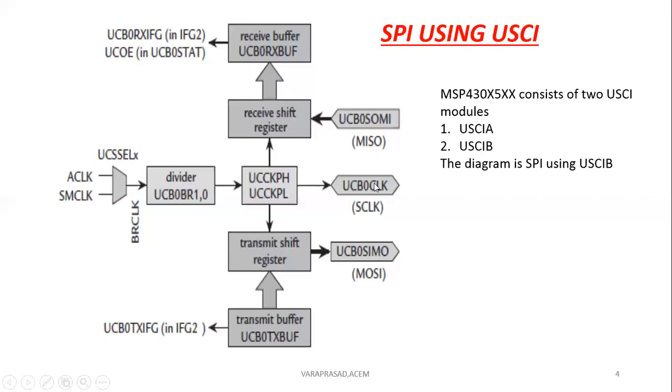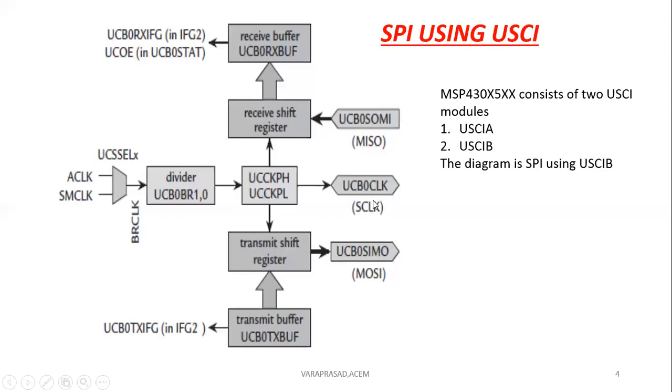And similarly here we have three pins. One pin is SS, the slave selection, which is not shown, so this is also a 4-pin SPI. Since this is the B module, I'm using UCB. UCB0 SOMI, slave out master in, that is master in, slave out; both are the same.